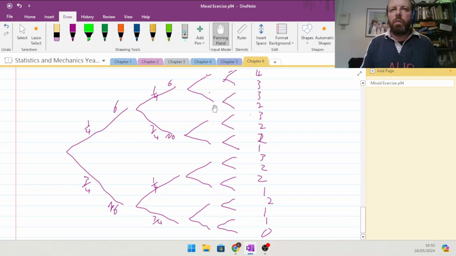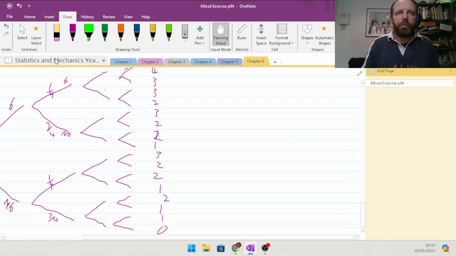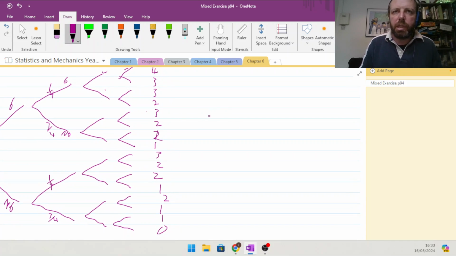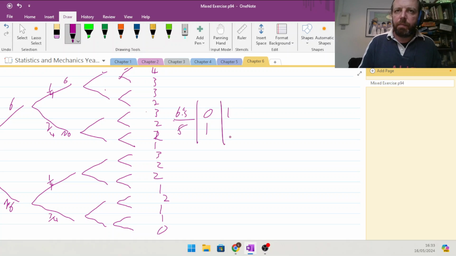Okay, so when you start putting them together in a table, you can see that the amount of no 6s is just 1. The frequency of 1 six is 1, 2, 3, 4.